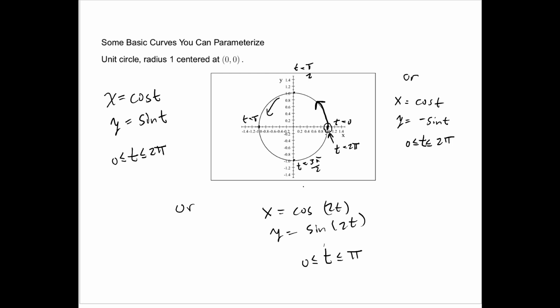There are always going to be many, many different ways one could parameterize the same curve. Often you'll want to find a simple parameterization, and if we're thinking of t as a time variable, the parameterization won't just tell you what the curve is, but it'll indicate motion along the curve from the beginning point to the end point.